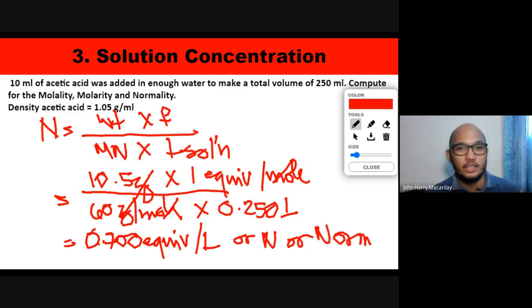So that is now for normality. Those are important methods in determining the concentration of your solution: molality, molarity, and normality. Molarity is commonly used for determining the pH. So for pH, we always make use of molarity. And for normality, those are used for titration methods.